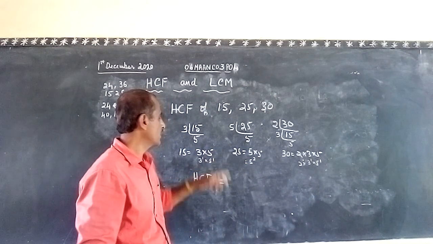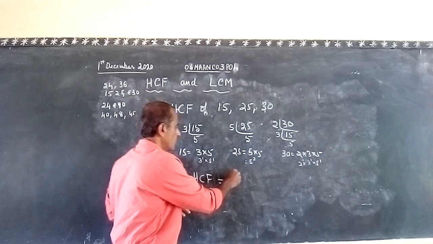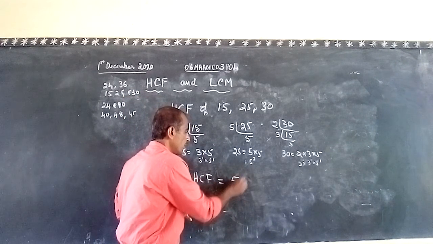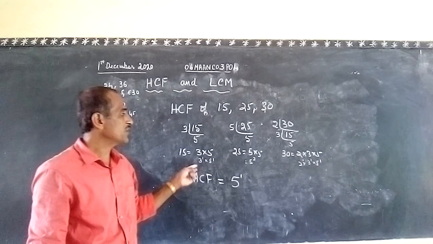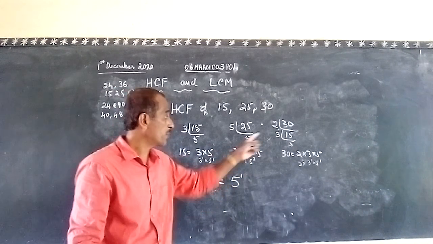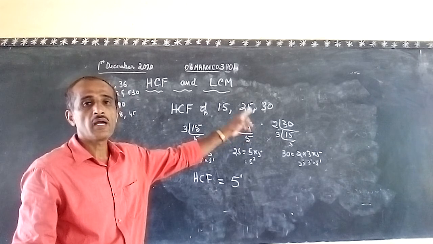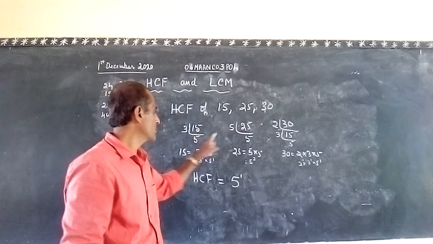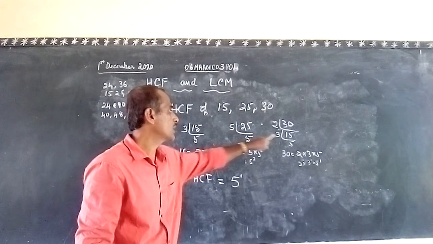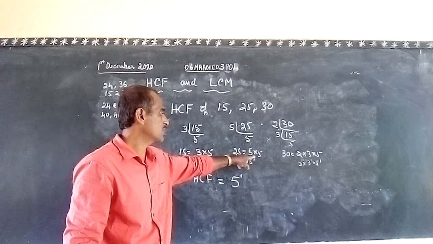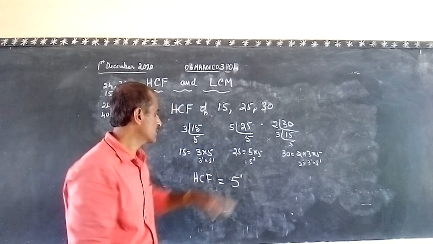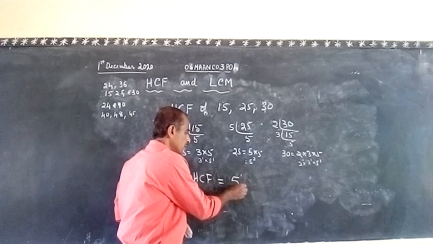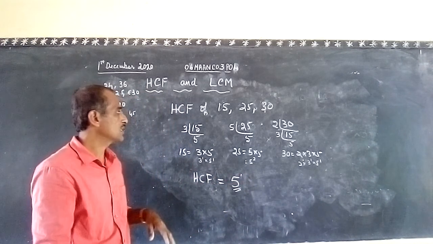There are 2 5s here, but 1 5 is common. Therefore, HCF is 5 to the power 1, which is 5. 5 is the HCF of these 3 numbers.